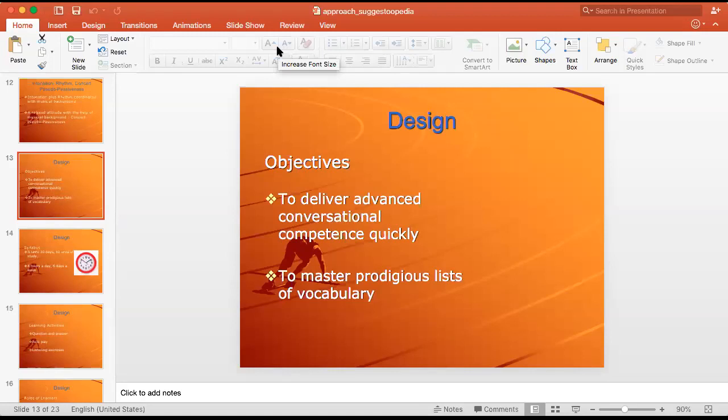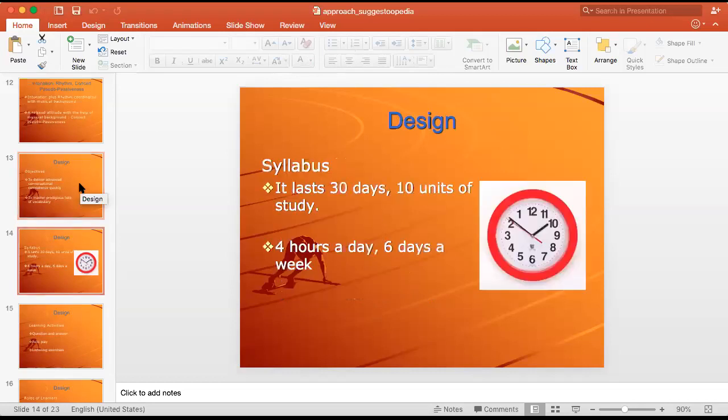Okay, and then this comes also as an objective, the focus is on the vocabulary, the words, right? We already came to know about this, that a prodigious list of words the students need to learn, but in a very relaxed environment.